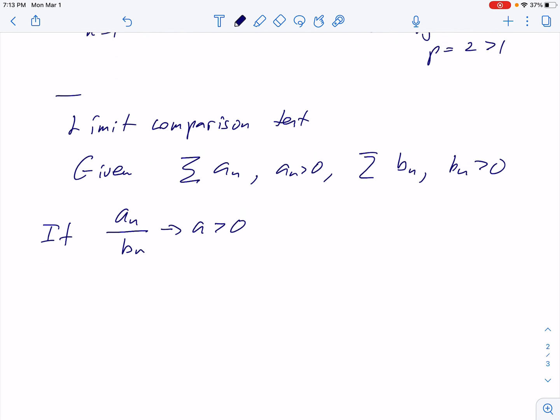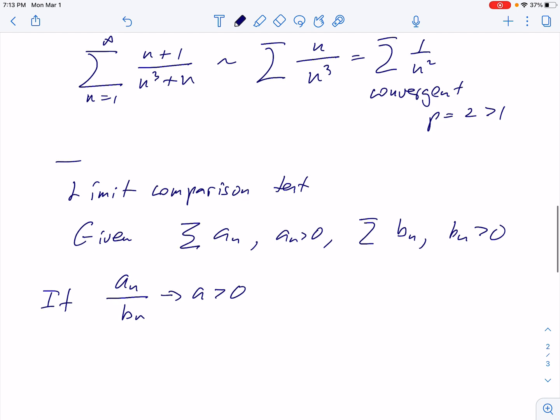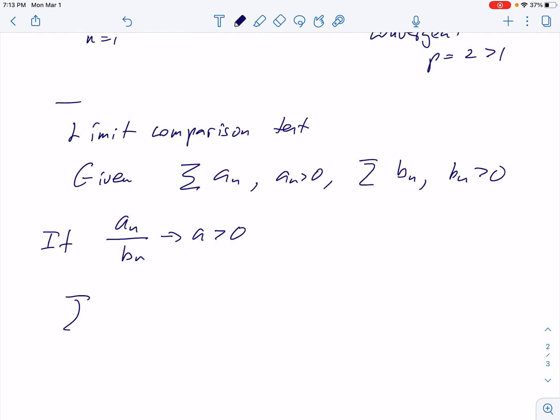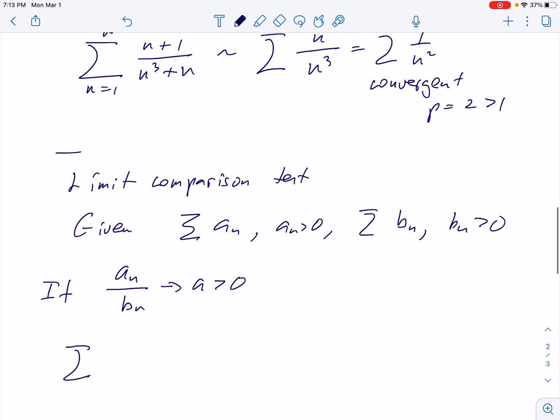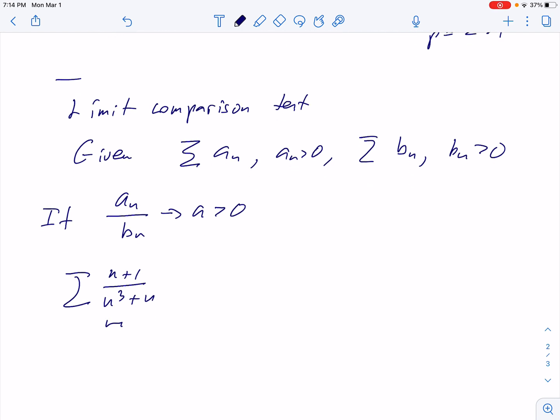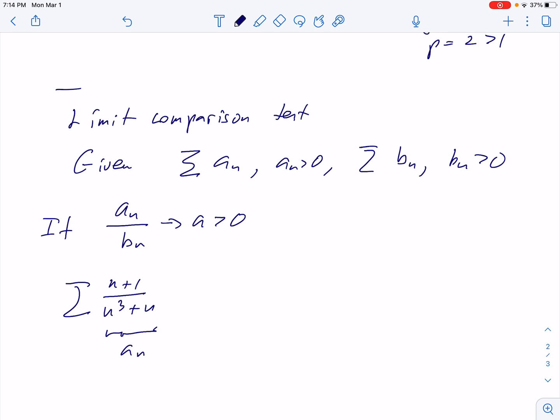And how does it apply to our examples? Let's take the last example. Here we had on top n plus 1, n cubed plus n below. Let's say this is a sub n. When we removed the constant 1 from the top and the smaller power n below, we compared to the series 1 over n squared.